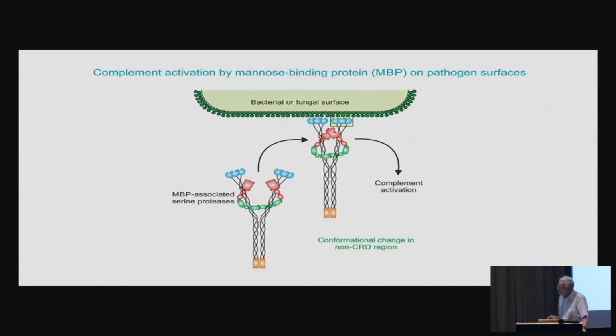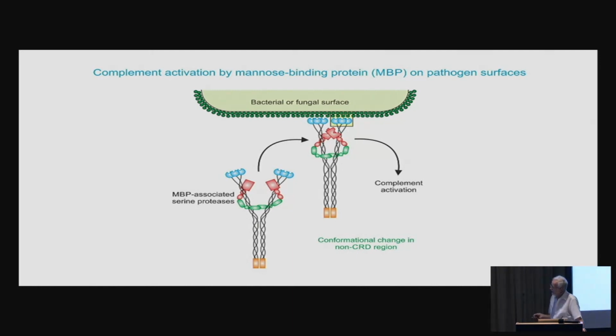If the mannose binding protein associated serine proteases are attached here, they're going to sense the interaction of the arms with the cell surface. When the cell surface binds to the trimers and locks them into position, that is likely enough to bring the proteases close enough to each other that they can self-activate. And when they self-activate, that initiates the complement cascade.